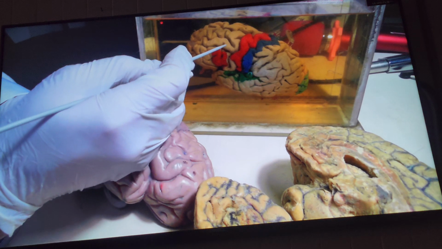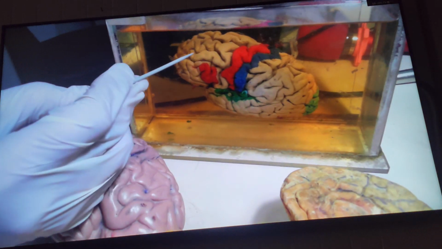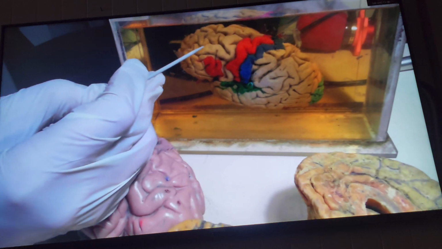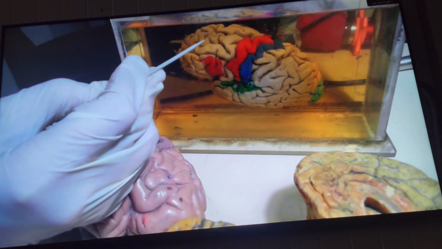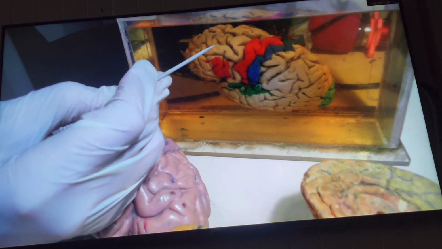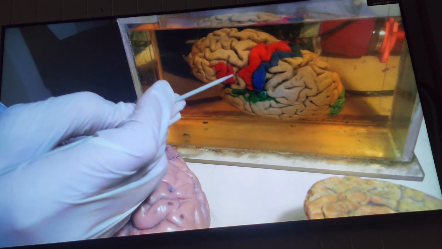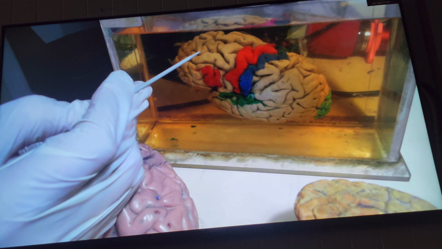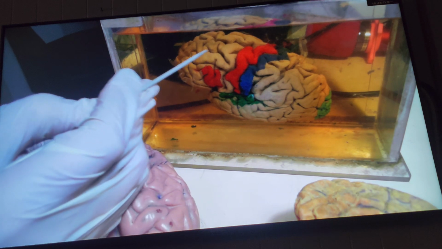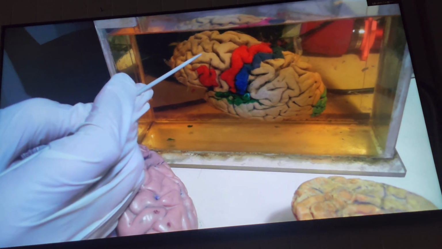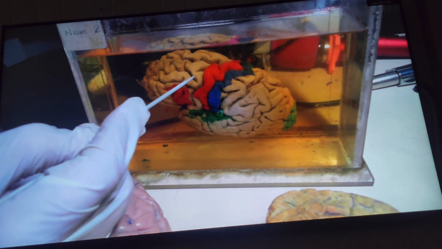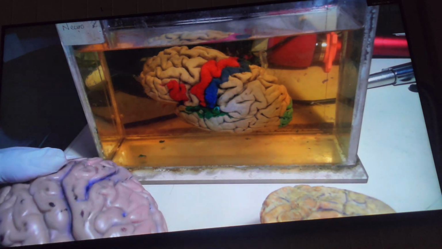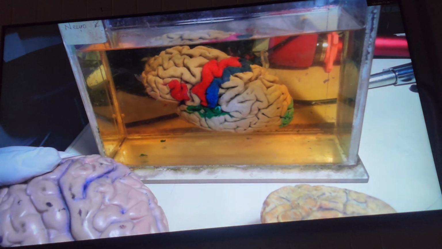Here we can see in this specimen the area of the frontal eye field, anterior to the precentral sulcus and occupying mainly the middle frontal gyrus. And here, the red area is the primary motor area.